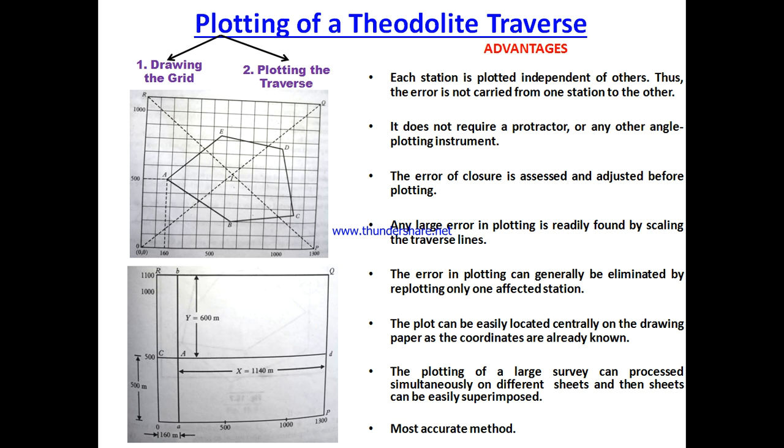After plotting the grid lines, our next task is to join the 4 marked points, which are O, P, Q, R, and we will form this particular rectangle O, P, Q, R by drawing the grid lines up to the last.